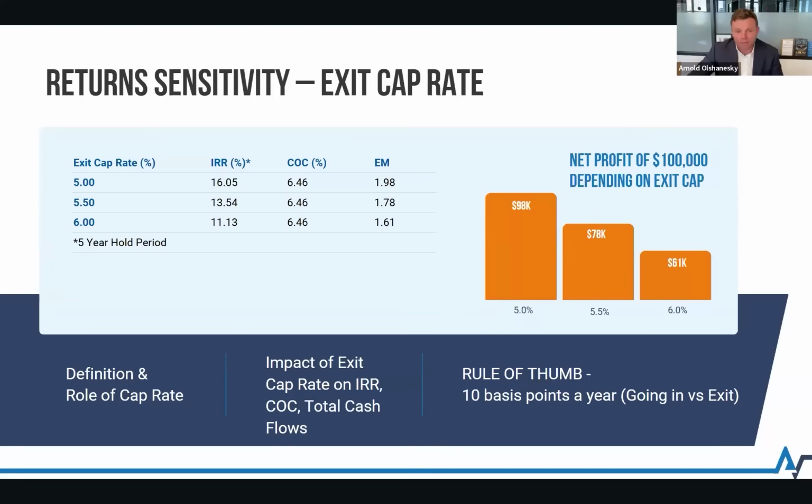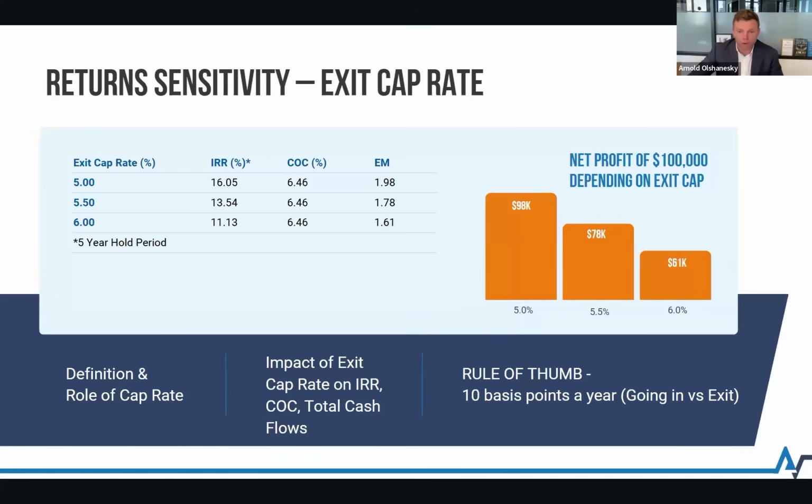Let me give you a quick rule of thumb. Whenever we have an entrance cap, we want to assume that there is going to be a 10 basis point increase for every year that we hold the property.